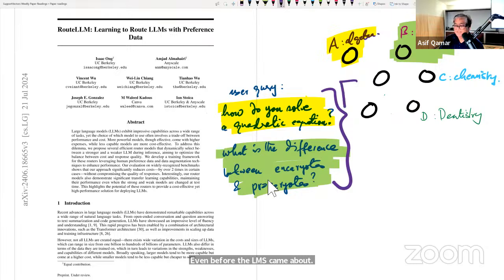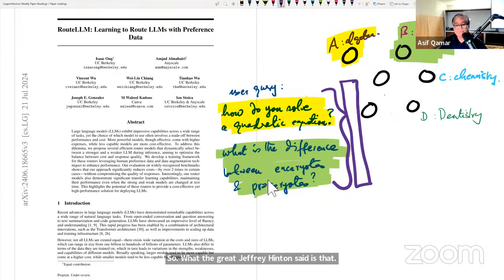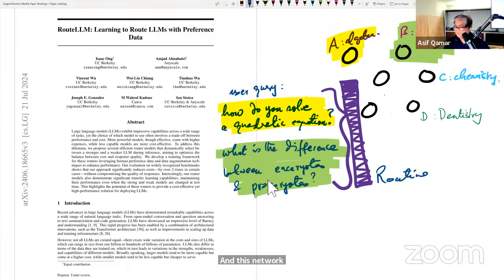What the great Geoffrey Hinton said is, what if we have one more neural network, a routing network? Its only job is to inspect the input and tell which of the experts it should delegate the task to. Does this make sense, guys? So that's the basic intuition.